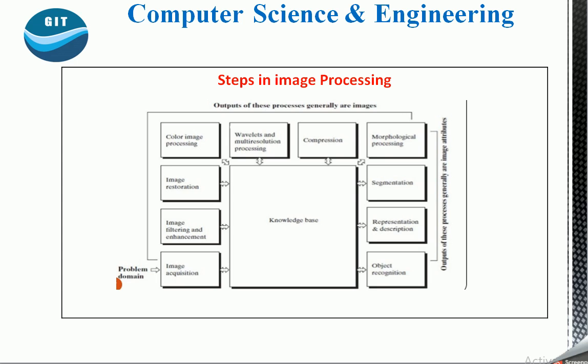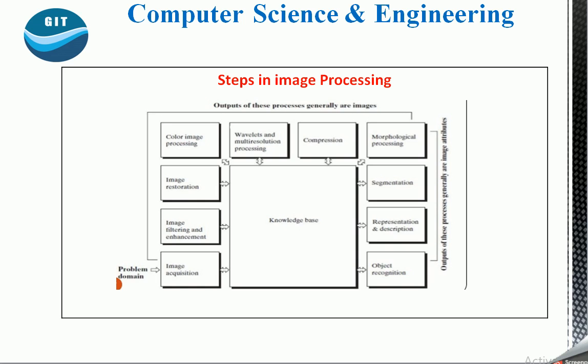In the image processing system, the 11 steps are followed to complete the process of a digital image. The first step is image acquisition.